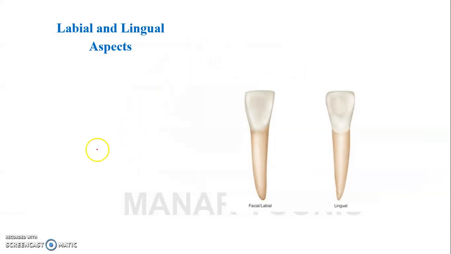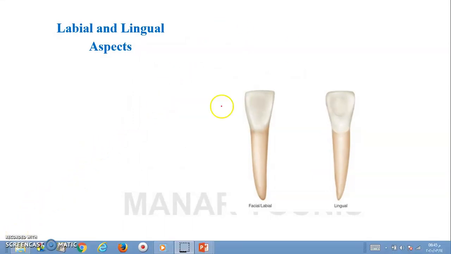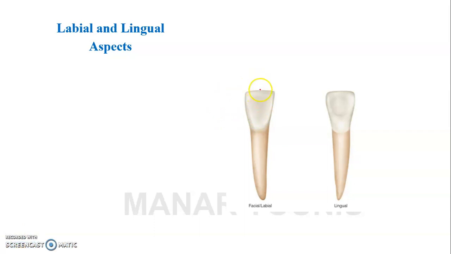Regarding the labial and lingual aspects, usually the labial aspect shows the added fraction of 0.5 millimeter of mesiodistal dimension added to the distal half. Also, the crown is not as bilaterally symmetrical as that of the mandibular central incisor. The distal incisal angle is more rounded than that of the central incisor.